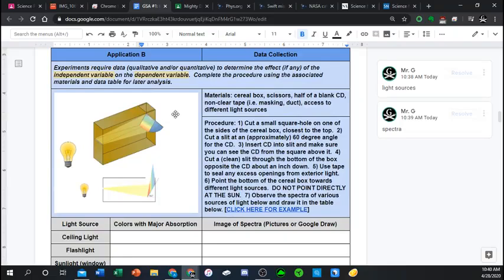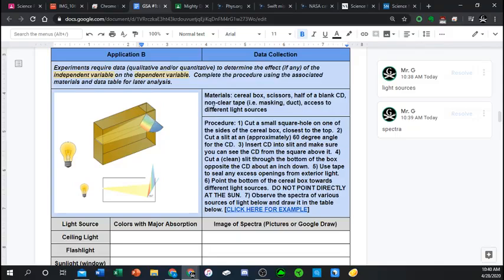Okay? Application C, you guys are the engineers. You're trying to solve the problem. Cross space, right? We'll get to that in a little bit. You need to have, in order to do this, if you don't have this, stop. Cereal box, scissors, half a blank CD, because you're just going to insert half in.